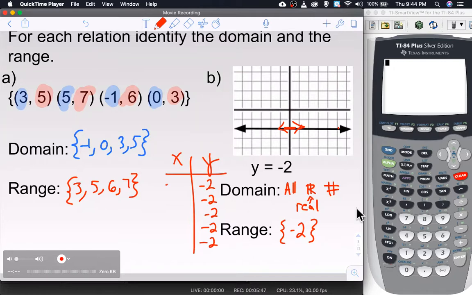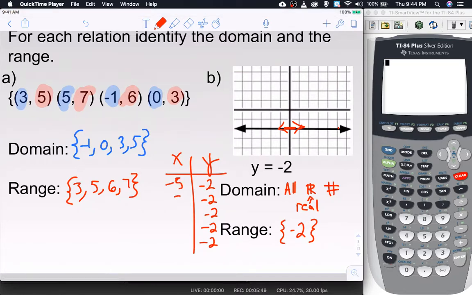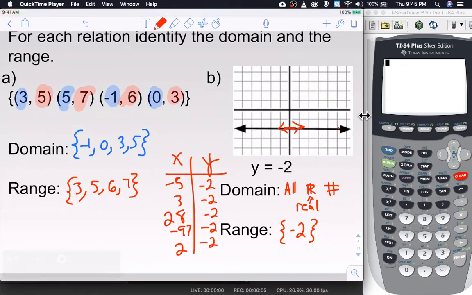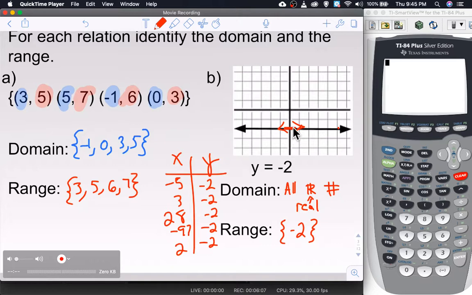I could put in a negative 5 and a 3 and a 28, a negative 97, and a 2. Those all work, and I will get just this line. Okay, so the domain is every possible number because it exists in the x direction everywhere. The range is only negative 2 because it does not exist here, and it does not exist here. It only exists right along the line y equals negative 2.